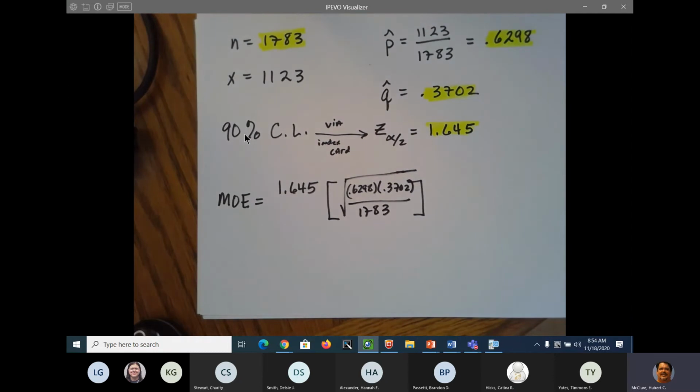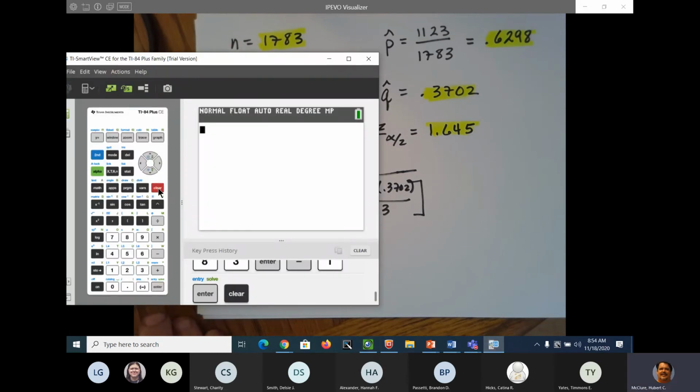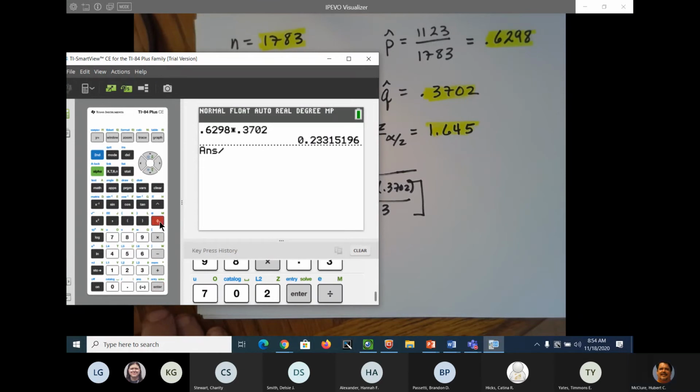So now I'm going to take my handy dandy calculator out and do it. 0.6298 times 0.3702 divided by 1783 and raise that to the 0.5 power.